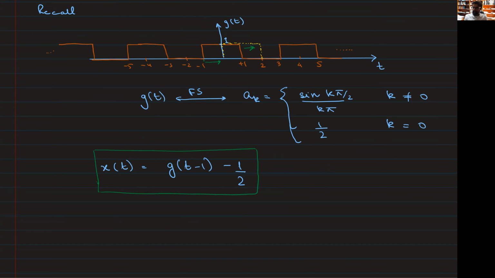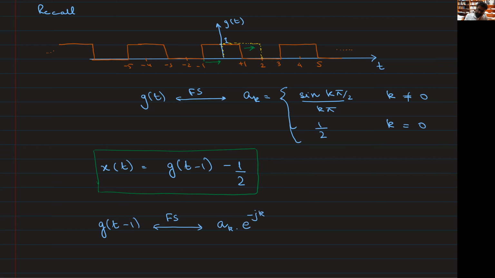Now, the question is, what properties do I need to compute the Fourier series coefficients of x? The first thing is, what are the Fourier series coefficients of g of t minus 1? I just apply the time shifting property, and it tells me the Fourier series coefficients for g of t minus 1 are just a_k times e raised to the power minus j k omega naught t naught.